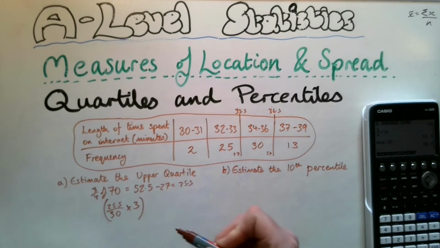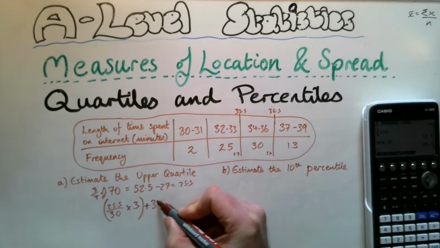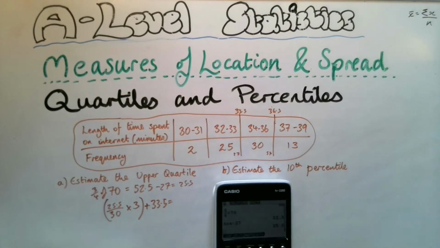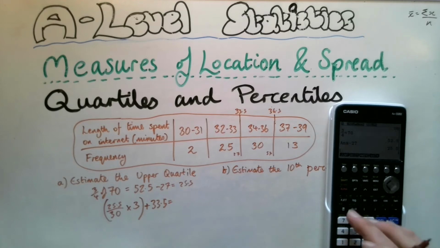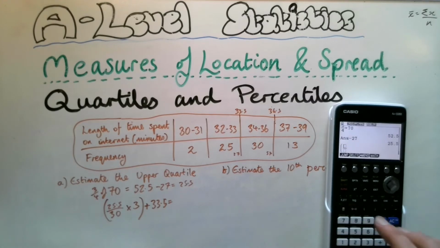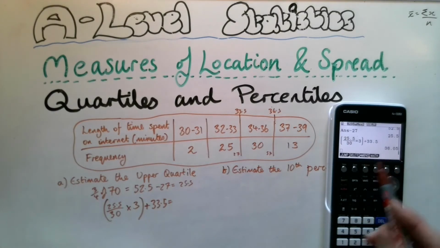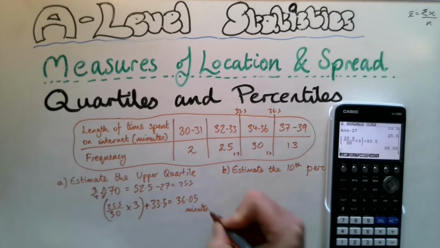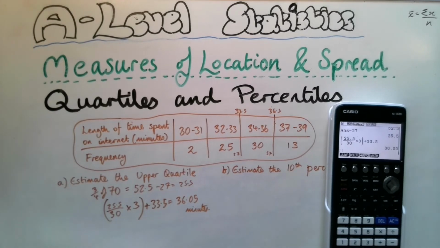So I'm going to put that in brackets and write add 33.5, and then I'm going to pop that little lot into the calculator. Open brackets, put in 25.5 over 30, and with the wonders of editing, that's gone straight through, put it all in there, and has given us 36.05 minutes as being our upper quartile.